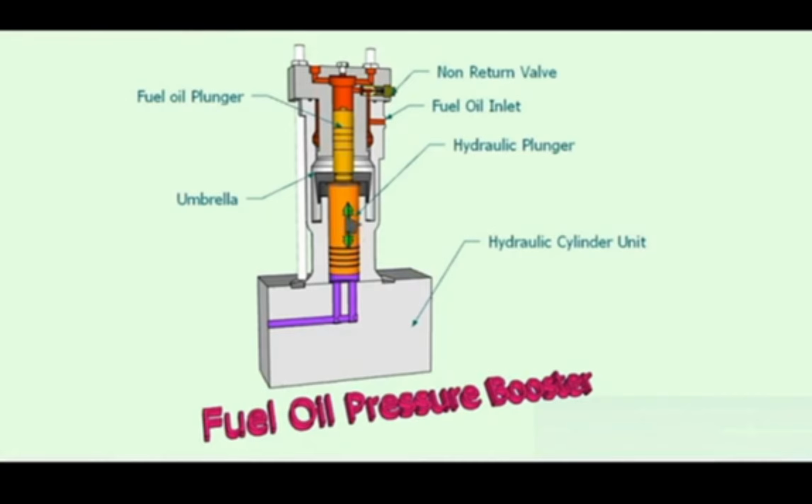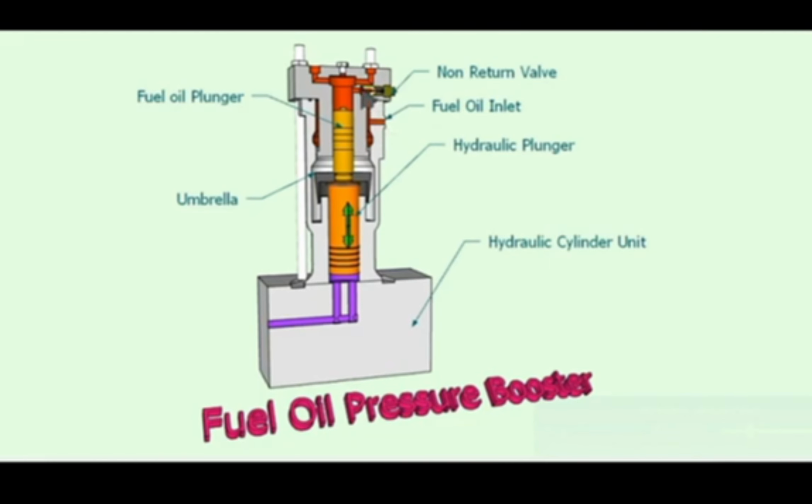From the LV valve, the hydraulic cylinder unit gets a high pressure oil flow. This oil flow pushes the hydraulic piston up, and this hydraulic piston pushes the fuel oil plunger, which is in the top upper position as shown in the figure. One umbrella is given for protection against spillage and any mixing of fuel oil in the hydraulic system.